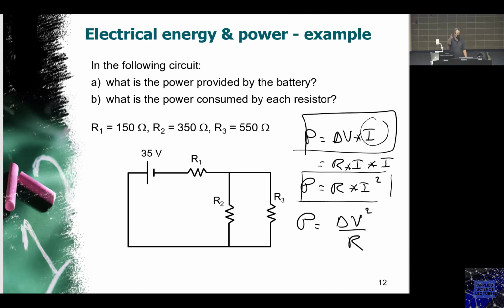Because I is delta V over R. So it depends on what you have. Those are expressions that are easier to use, already modified, such that it depends on what you have. So this is the third one, delta V squared divided by R.